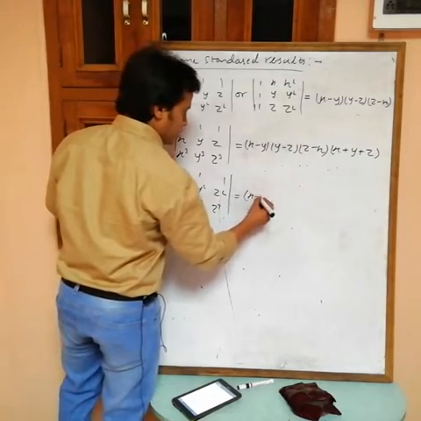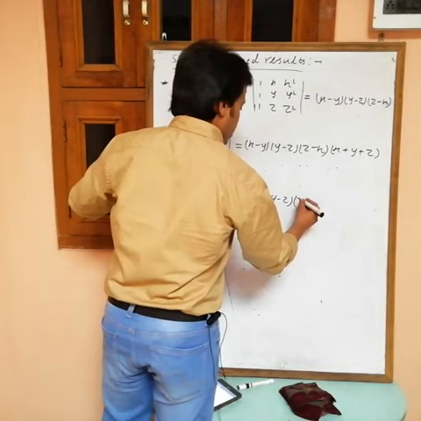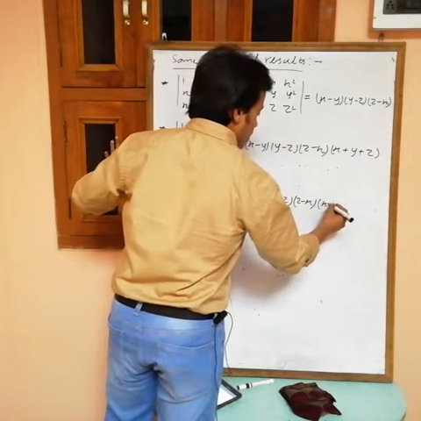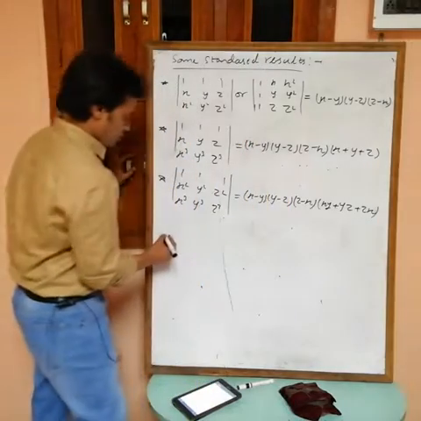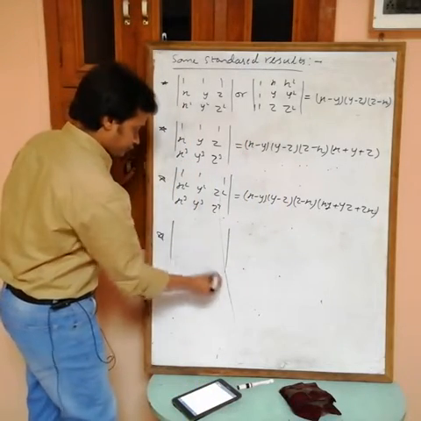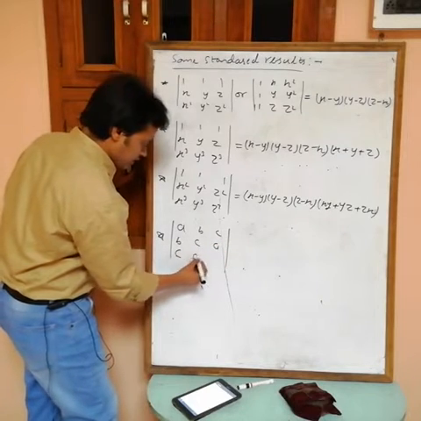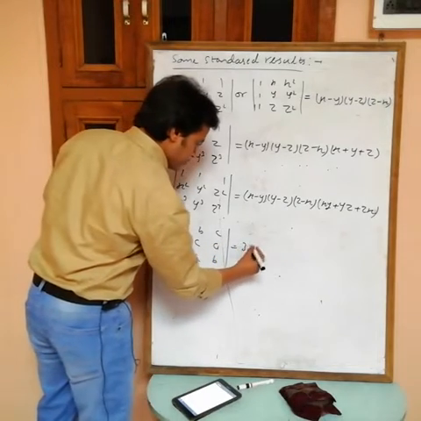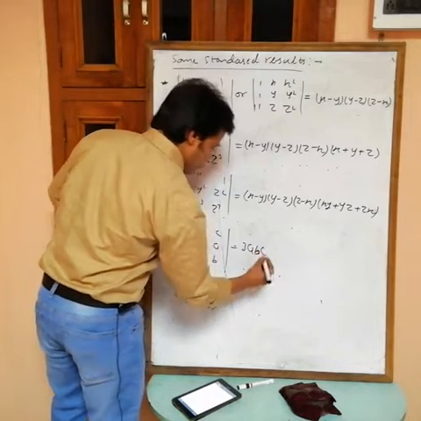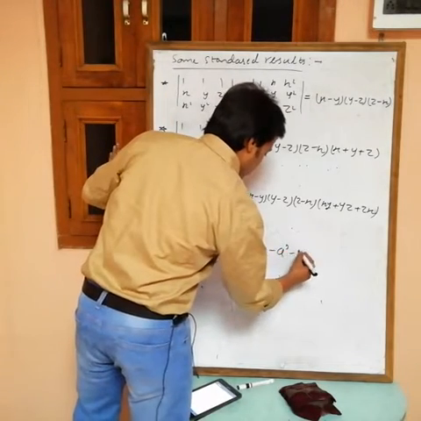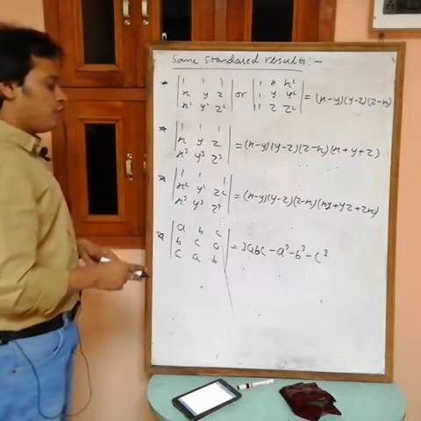This is equal to (x minus y)(y minus z)(z minus x)(xy plus yz plus zx). And fourth one, a b c, b c a, c a b, that is equal to 3abc minus a cube minus b cube minus c cube. These four we have to remember.